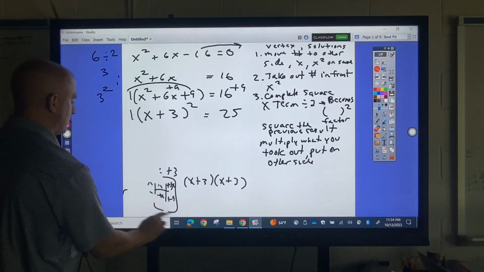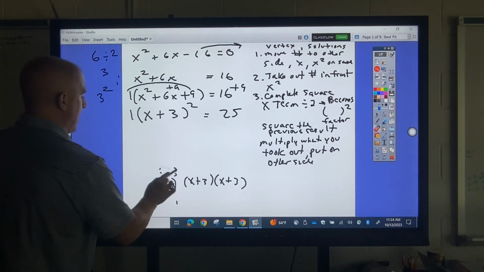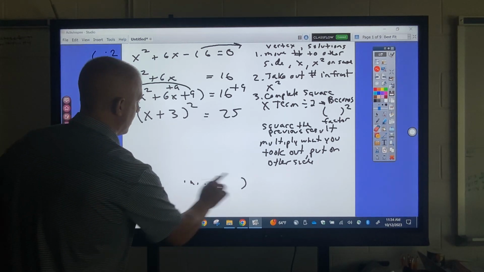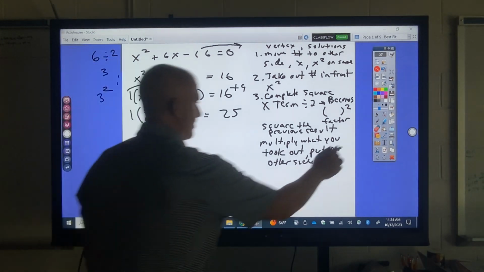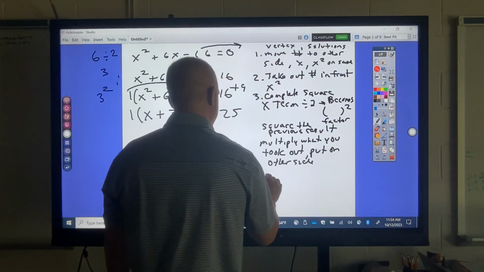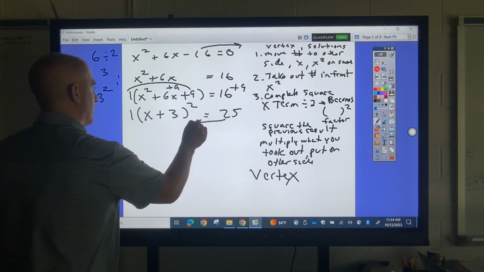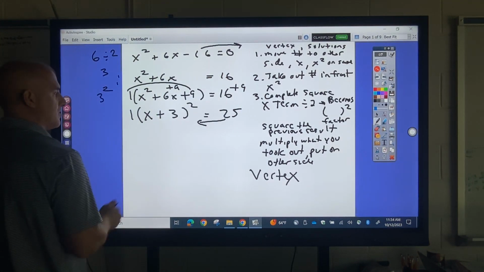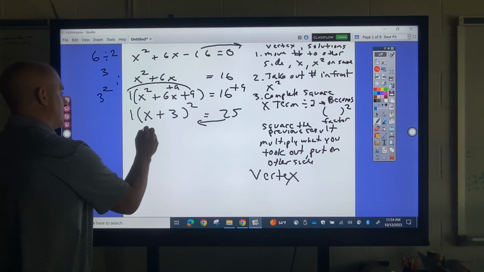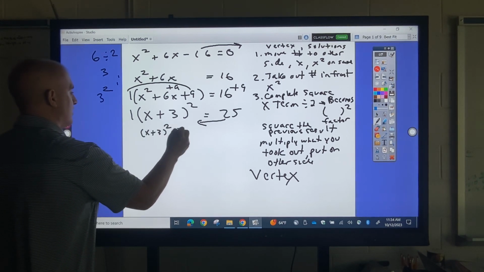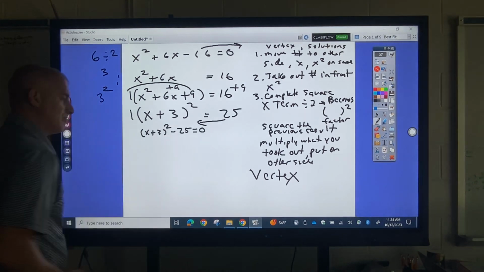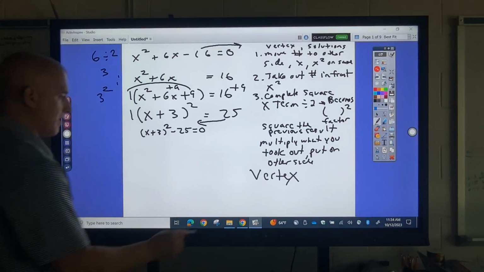All right, now, once we've done that, how do we find the vertex? Here's how you find the vertex. Bring back this number. I'm going to leave that here because we're going to solve from that in a second. That'd be x plus 3 squared minus 25 equals 0. Now, here's the idea.